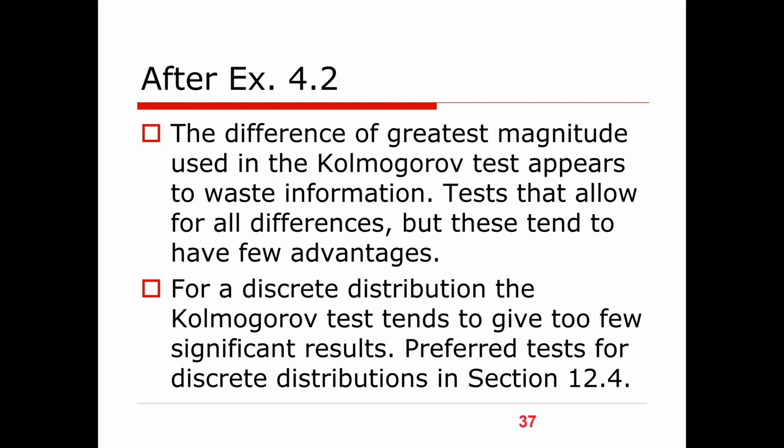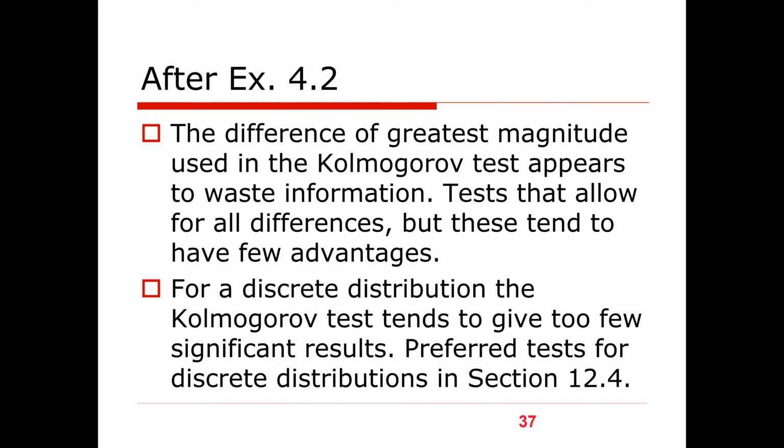So in summary, the Kolmogorov test actually wastes some information because we only pick up the largest magnitude. So it is feasible that we can pick up multiple places to compare the differences, not just the max difference, right?